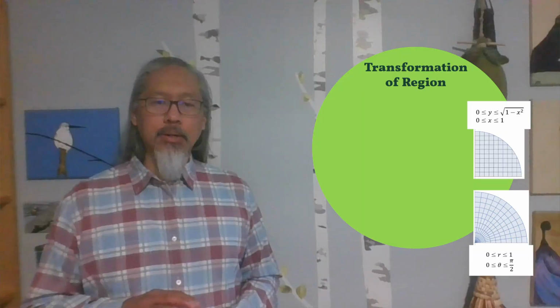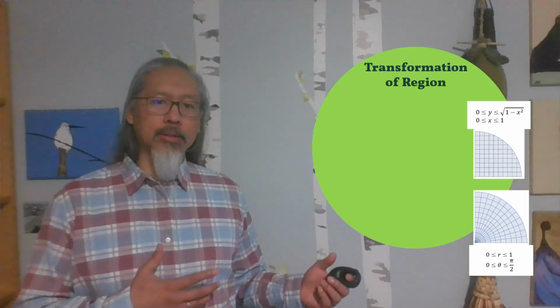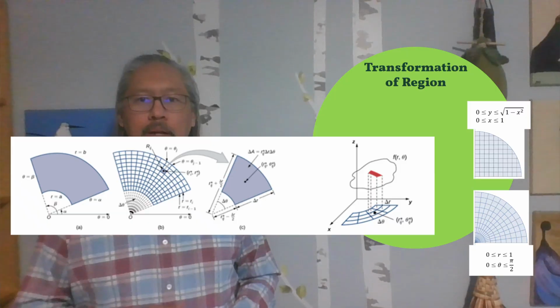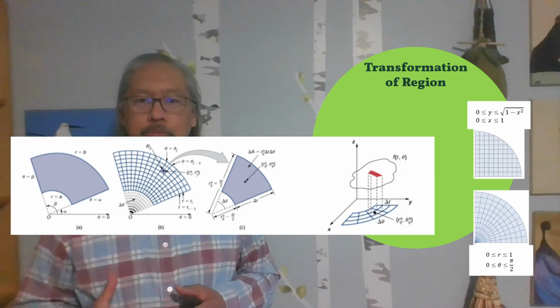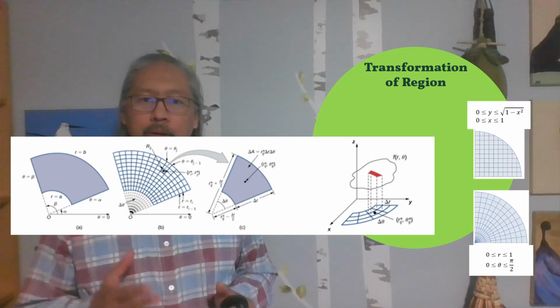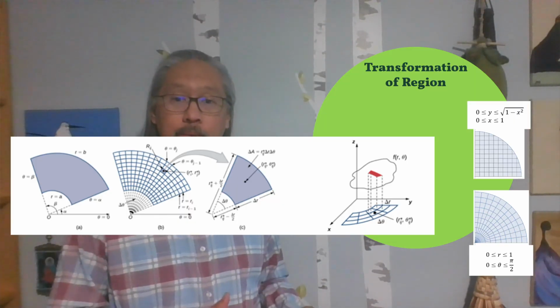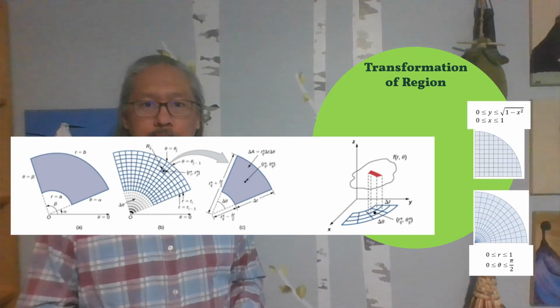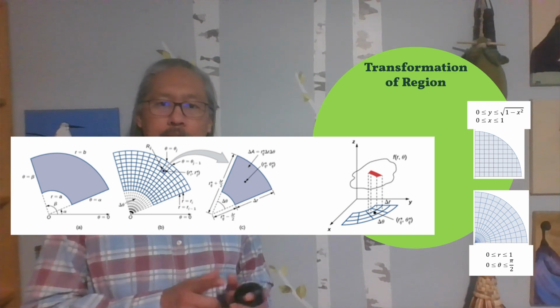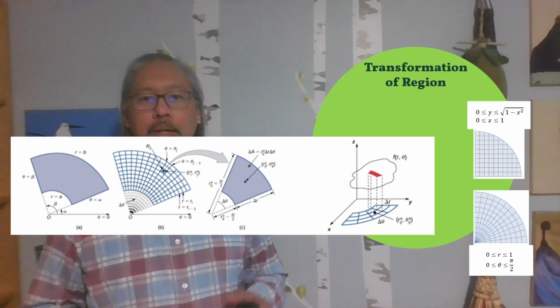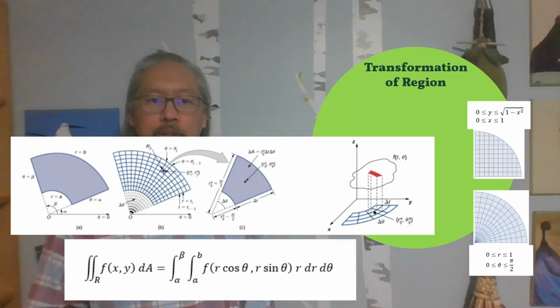Aside from the nice result where you're going to have constant limits in polar coordinates, we have to do some sort of transformation, because your area is not just going to be the x times y element, or the delta x delta y, but instead your area transforms into r and theta. And so within all this transformation, we're going to have an extra r that's going to come up.